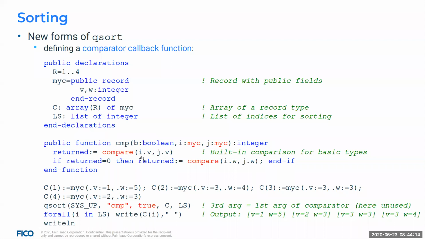This is built in, but anything else, how do I compare this record? Well, I'm first comparing on the value v, and if this is not sufficient, well, I'm taking the second record field to return the comparison information. And this comparator function is passed as a callback, as an additional argument, to the QSort routine. Sorting this array C, and these are the results.